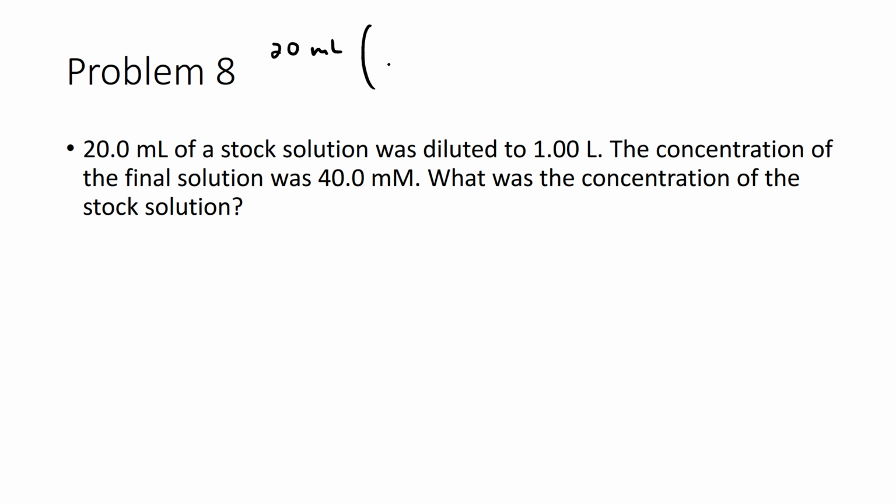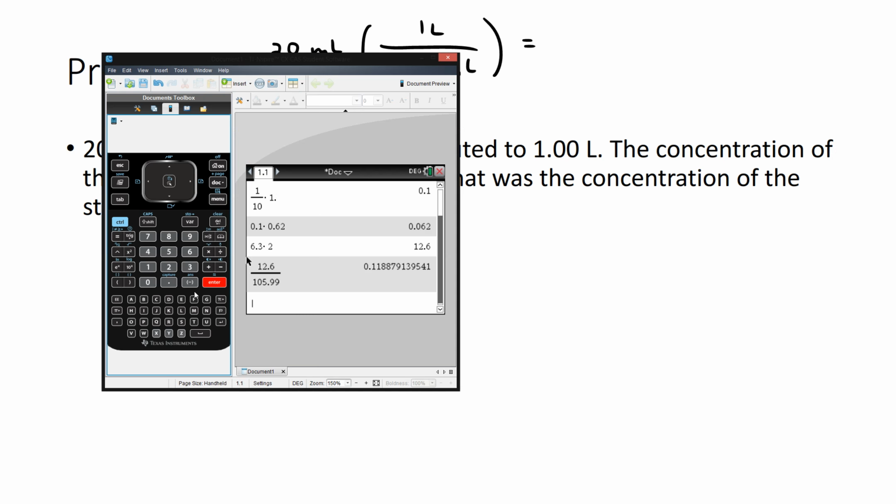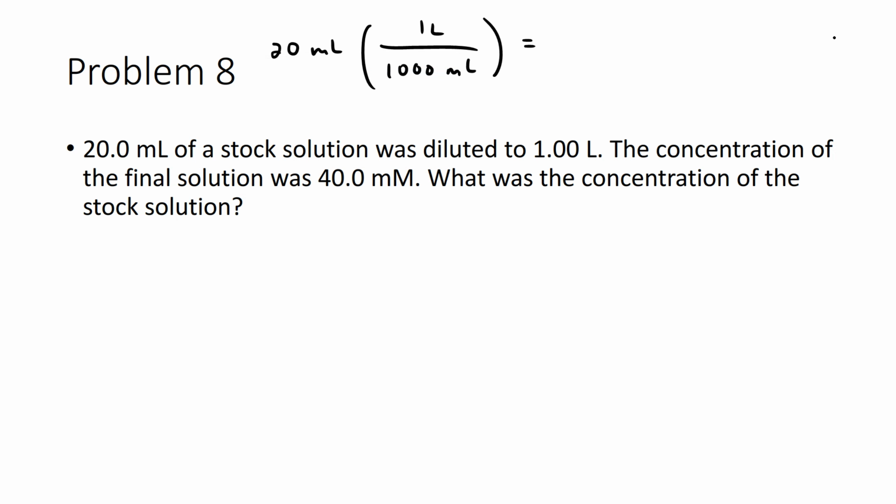We have 20 milliliters. We know that for every 1,000 milliliters, you have 1 liter. We'll do 20 divided by 1,000. Gives us 0.02 liters.